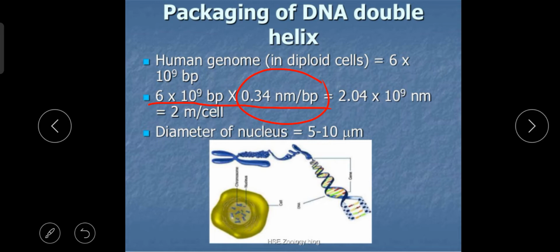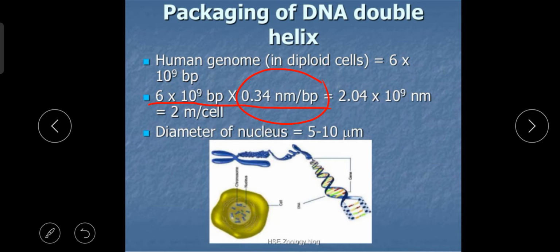Yes, 0.34 nm is the distance between two base pair in the structure of the DNA molecule. Try to recall the structure of double helical model of DNA. What is the distance between the two nitrogenous bases in the structure of DNA by Watson and Crick?